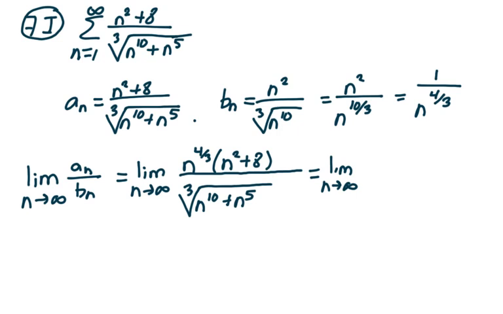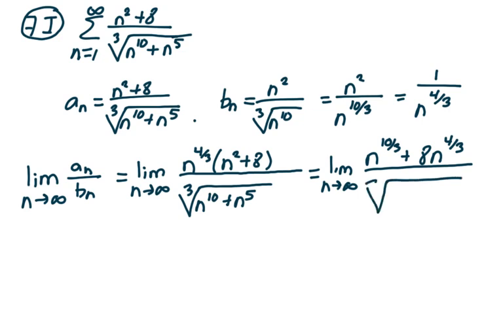So that's the limit as n goes to infinity of, now 2 is 6 thirds, right? So this is n to the 10 thirds plus 8n to the 4 thirds on top. On the bottom, we get the cube root of n to the 10th plus n to the 5th.